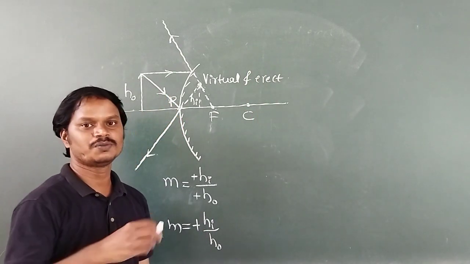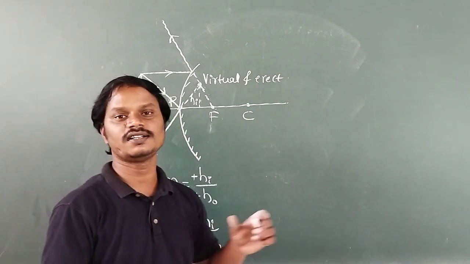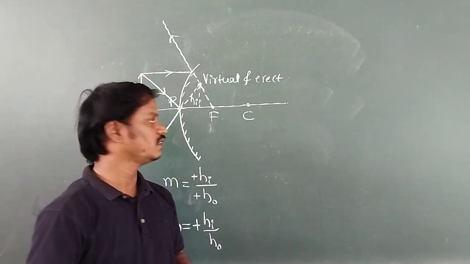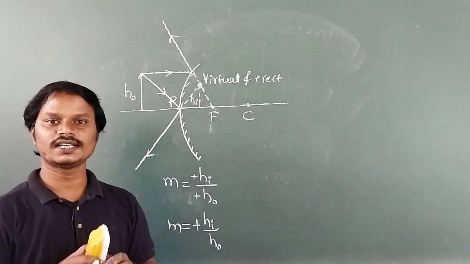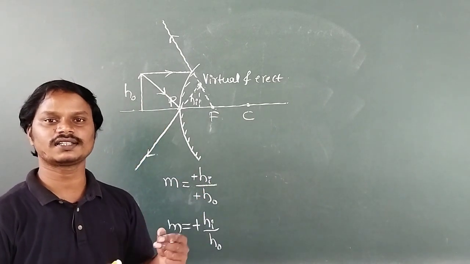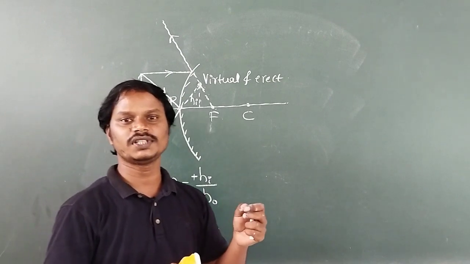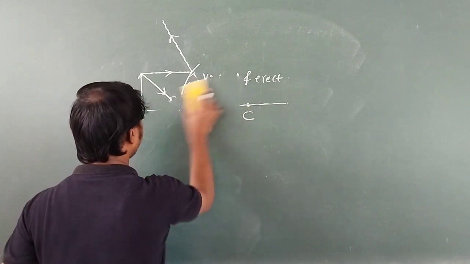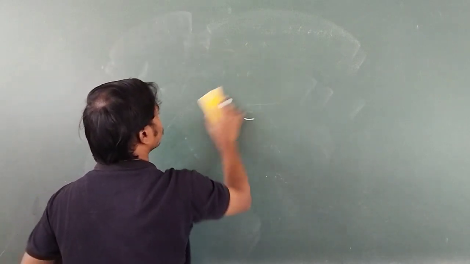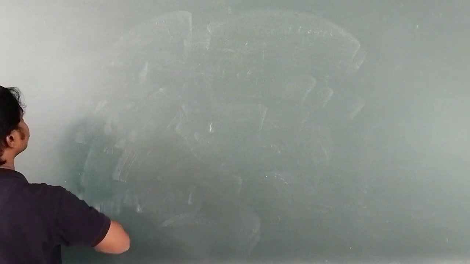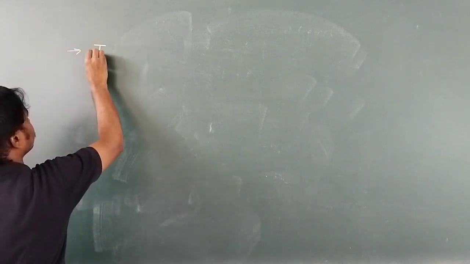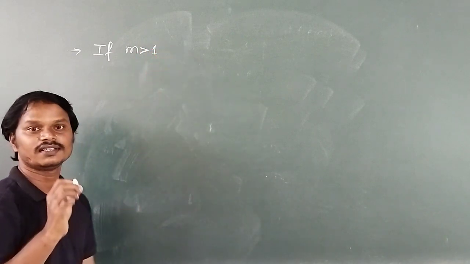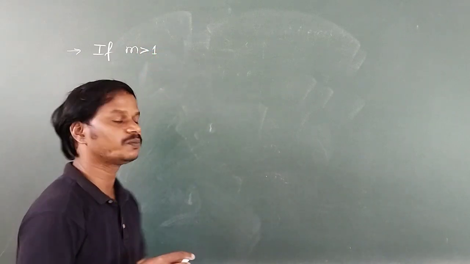Okay, so let us move to the next case. What is the next case? Third case. The third case tells about the size of the image. If magnification is greater than 1, then the size of the image is said to be magnified. If m is greater than 1, it happens only when the height of the image is greater than the height of the object.